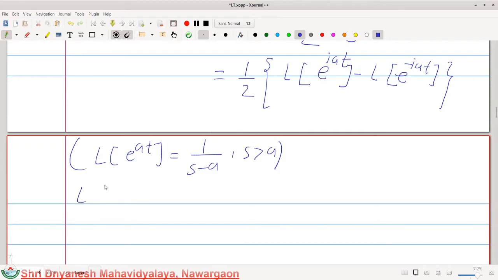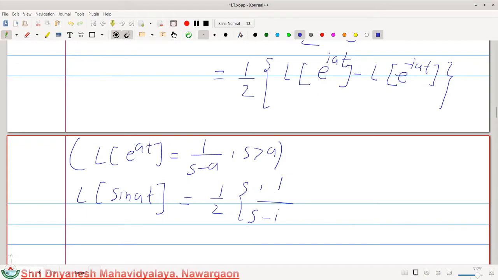So Laplace transform of sin at equals 1 by 2 into, the Laplace transform of e to the power iat will be, see this formula, 1 upon s minus, what we have in place of a, the coefficient of t, ia.